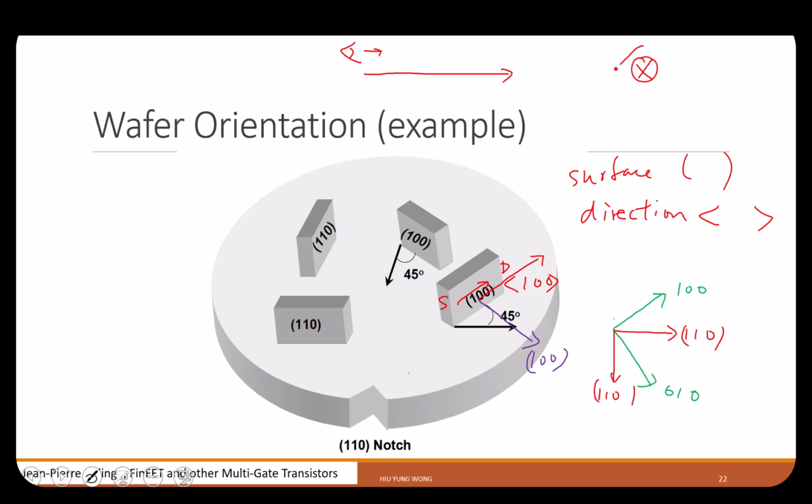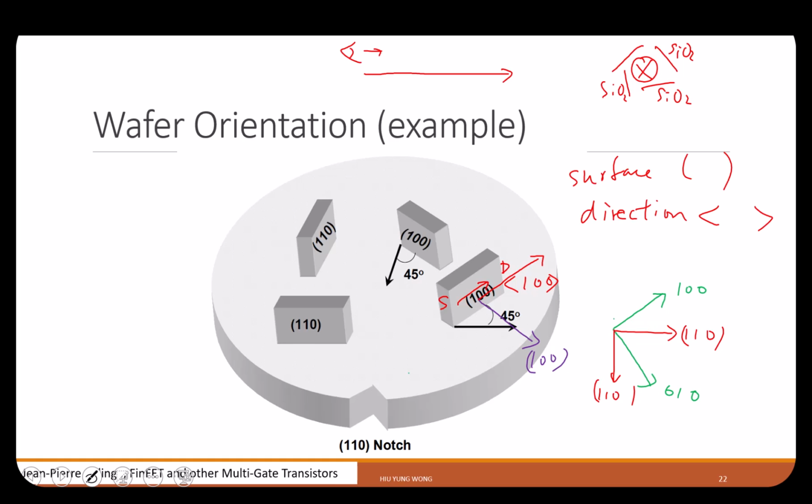The surface can be here, can be here, can be here, can be here, right? Because this is the silicon dioxide. You can have different surfaces, and each of them has one orientation. Do you see what I mean? Transport direction is into the screen. Are you okay? But the surface can be anything surrounding me, right? It depends on the orientation of the transistor.